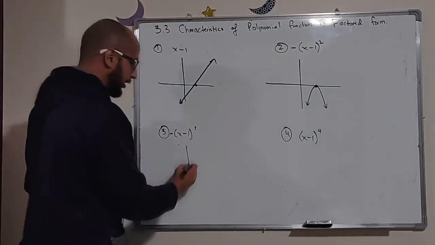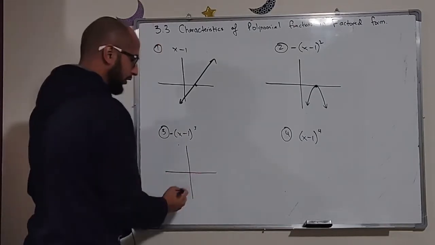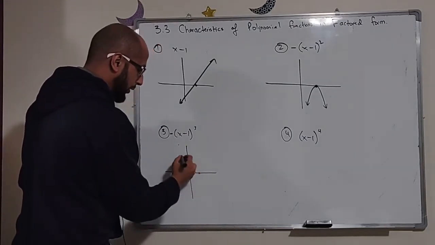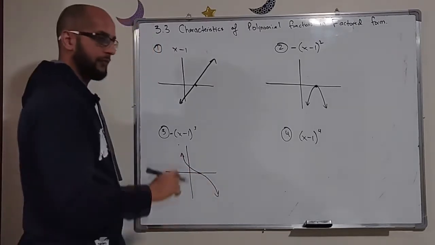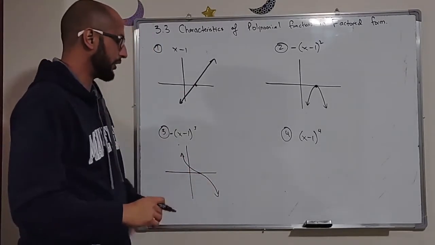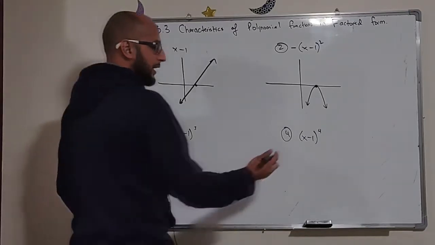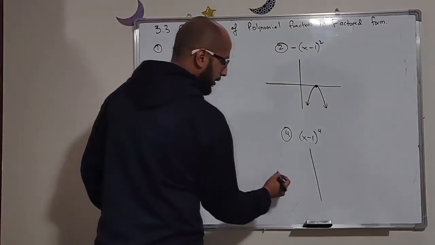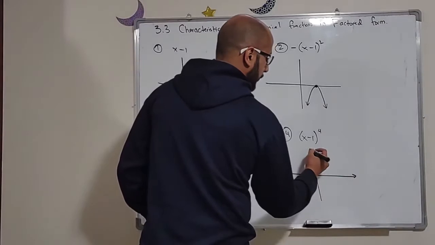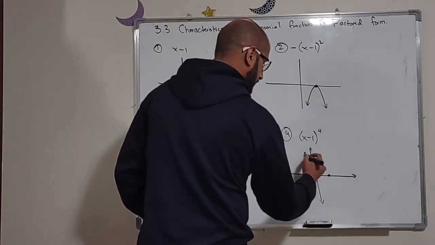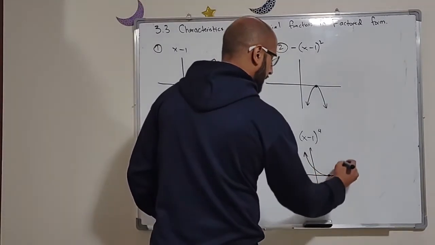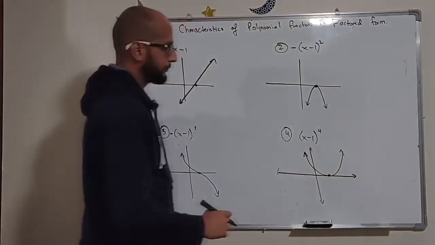X minus 1 cubed, again with a negative, goes through 1, but it's been reflected, flipped upside down, so it'll just be going down this way. And then x minus 1 to the power of 4 is going to be quartic. So it will be very wide, like a parabola, but wider.